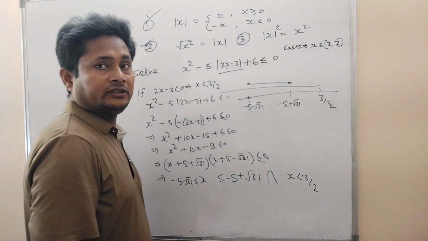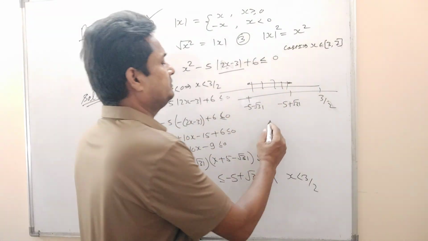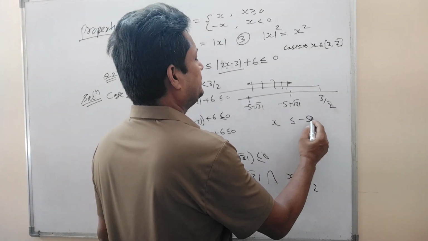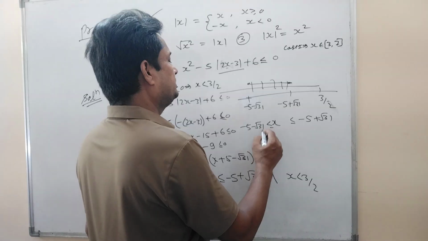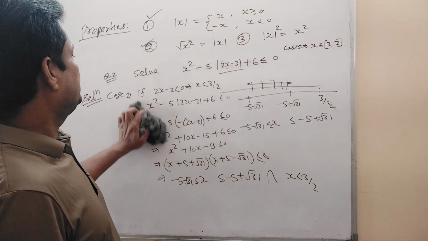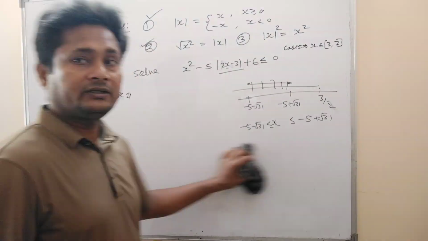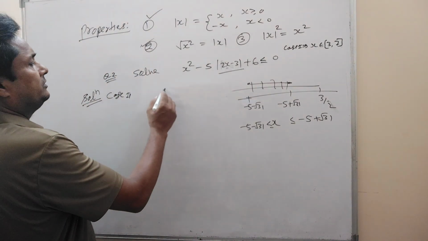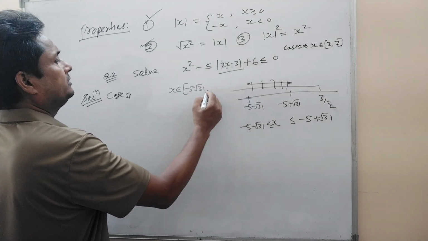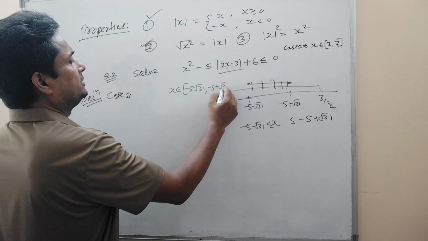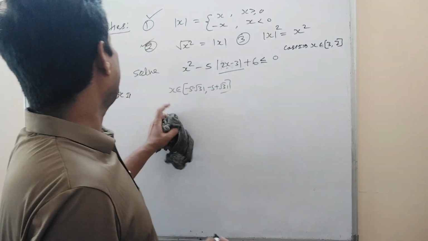If you take the intersection, it is in this interval. So the answer is x less than or equal to minus 5 plus root 31 and greater than or equal to minus 5 minus root 31. This answer is from case second. So the case second answer is x belongs to minus 5 minus root 31 comma minus 5 plus root 31.